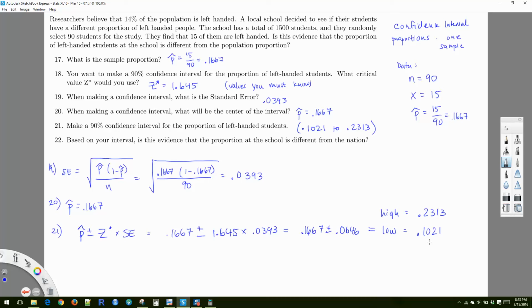Okay, so then based on our interval, is this evidence that the proportion at the school is different from the nation? So what's the national proportion? 14%. Okay, so nation is 14%. Is 14% a plausible value based on our interval? Yes. Okay, so 14% is inside our interval.